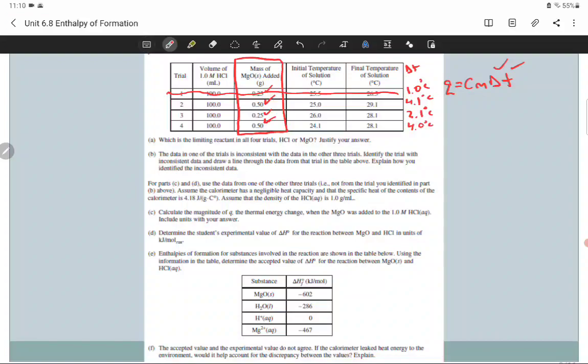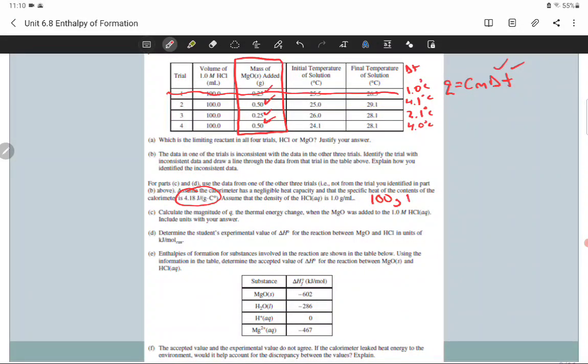So part C is calculate Q. So we need a C, we need an M, and we need a delta T. So I think the C was given. The M is going to be all the things that are in the calorimeter. So what's in the calorimeter? There is 100 milliliters of hydrochloric acid, meaning there's 100 grams.